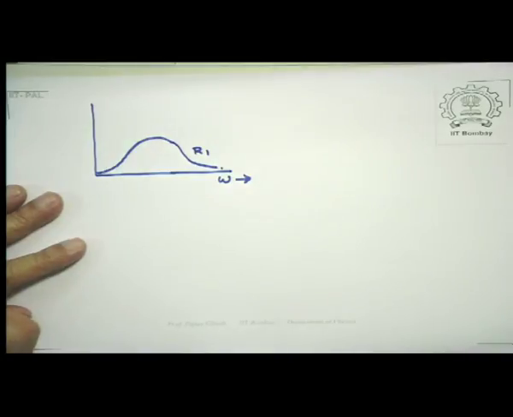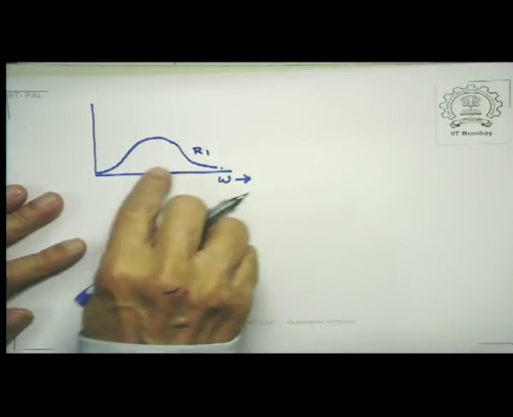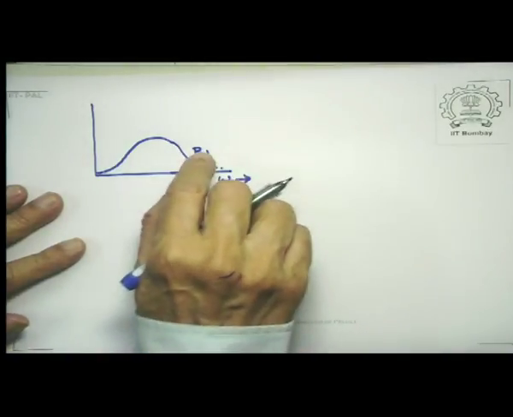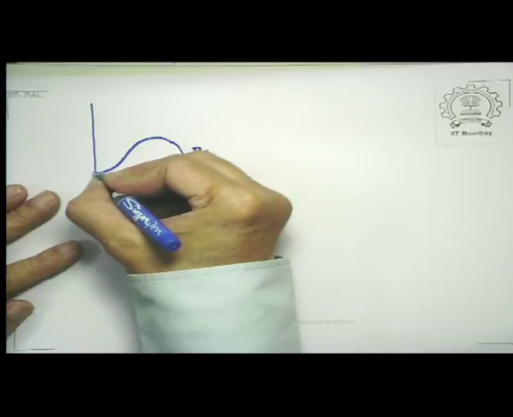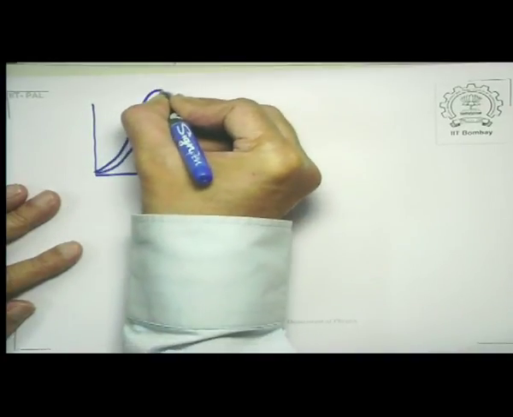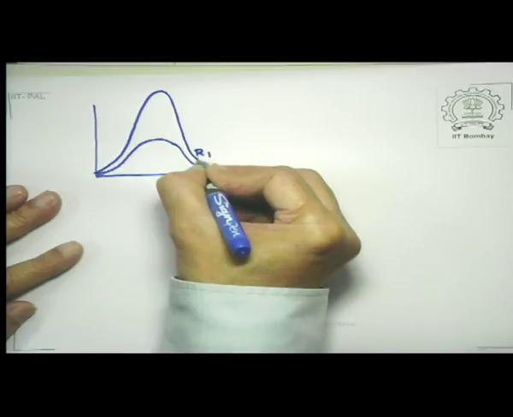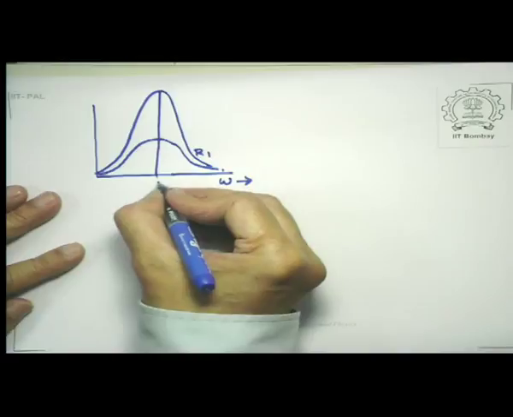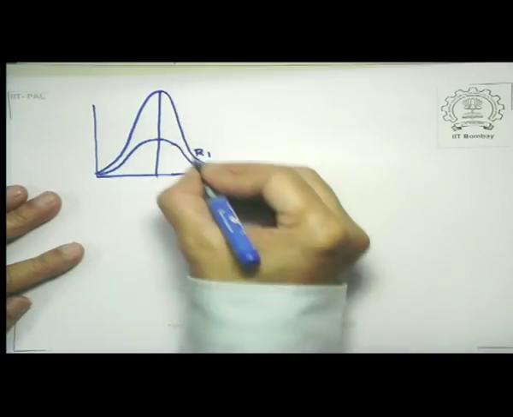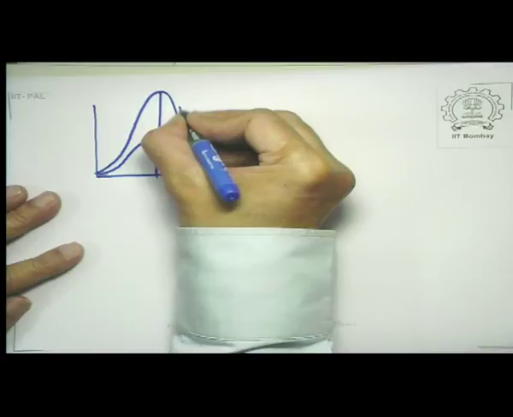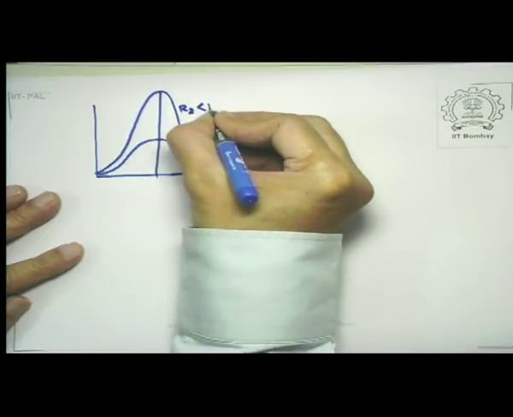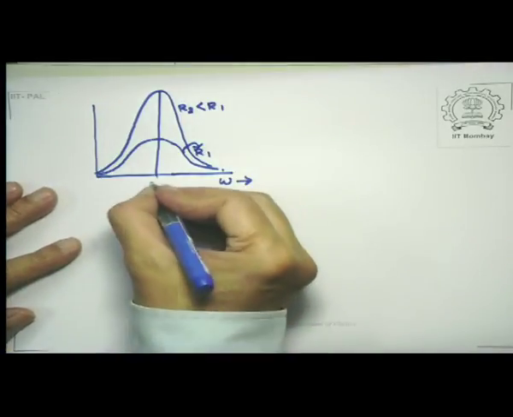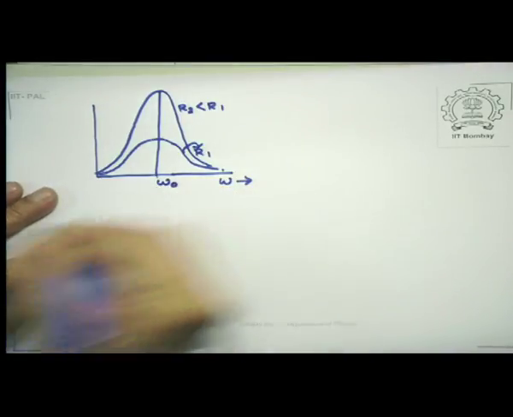Now suppose I decrease the value of R, making it, let's say, R2. Then what will happen is that it will become sharper and the maximum current will be more. So this was R1, this is R2, which is less than R1. And this frequency is omega 0, and this is of course my current.